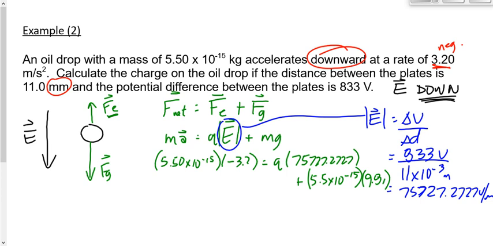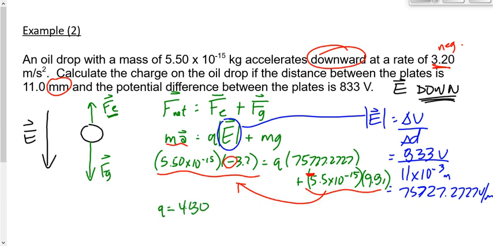We're going to make this negative because we know that gravity acts down. And we've already basically made the net force negative by putting the negative in for the acceleration. When we solve for the value of Q here, get this as a negative number, get this as a negative number, take it over by adding, solve for the value of Q, and we end up getting 4.80 times 10 to the minus 19 coulombs.